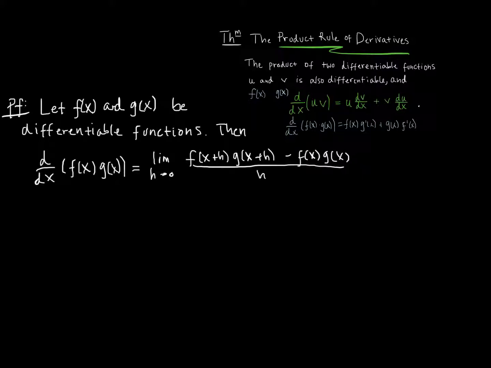So what I want to do is let the first part of my theorem be the case, and then prove that what comes from it is what we've talked about.